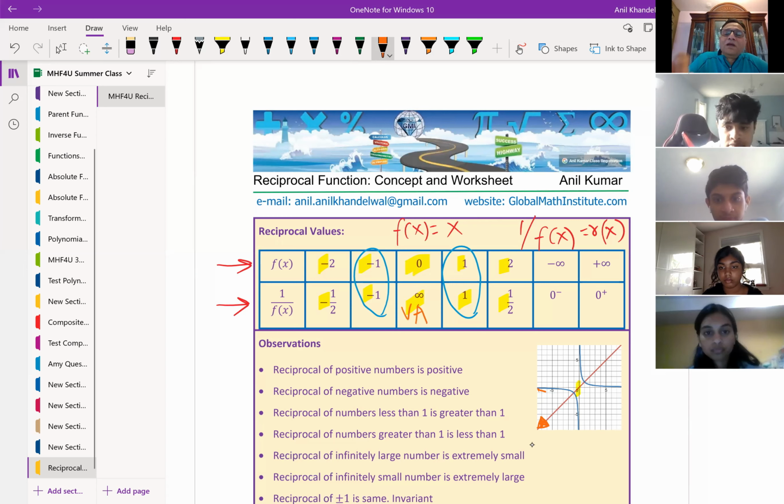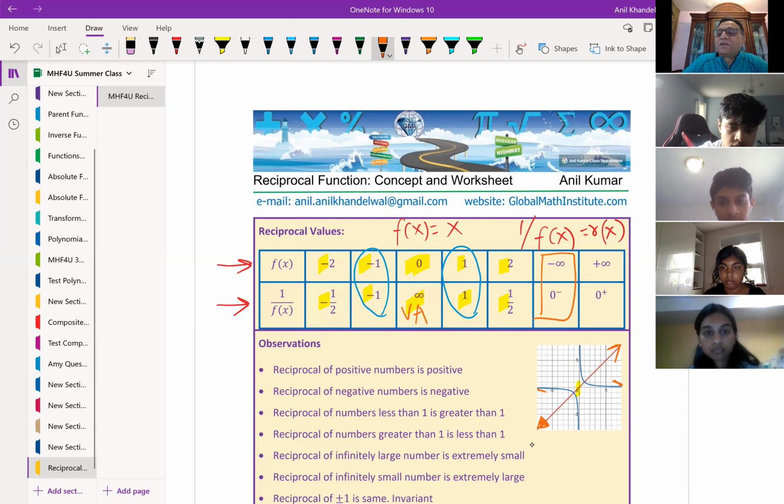So we will always put this as 0 from the negative side. It is still in quadrant 3. You get the idea? The graph is in quadrant 3, approaching 0 from the negative side, below the x-axis, correct? When the function is approaching positive infinity, then the reciprocal is approaching 0 again, but from the positive side.